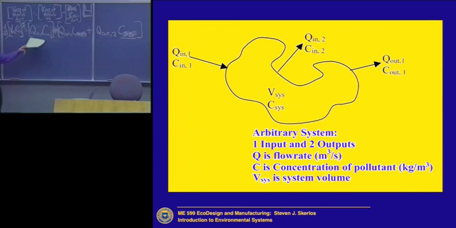And it would be rather straightforward, if we know what Q in is and C in is, to calculate the concentration inside the system. Because if we're at steady state, there's no accumulation of volume inside the lake. So Q out, the sum of Q1 and Q2, has to be equal to Q in.